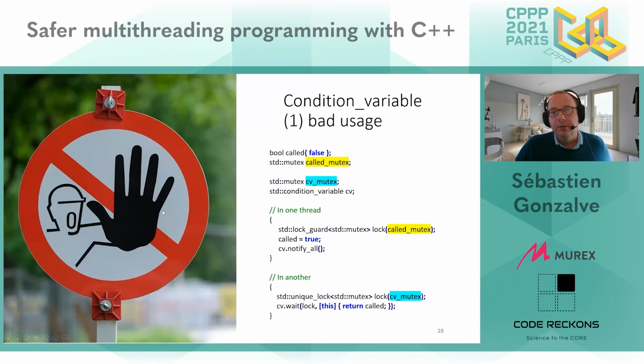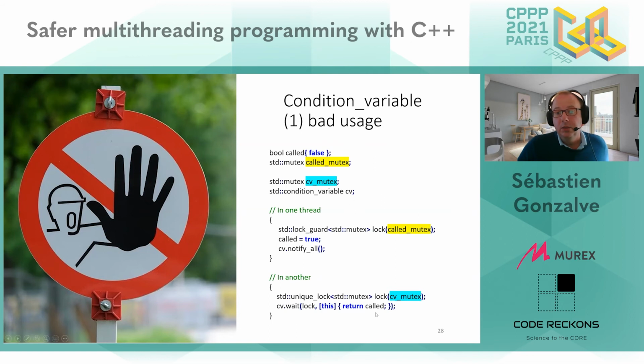So here is a bad use of a condition variable. The point is that I have two mutexes, and on one thread I use one mutex and on another I use the other mutex.